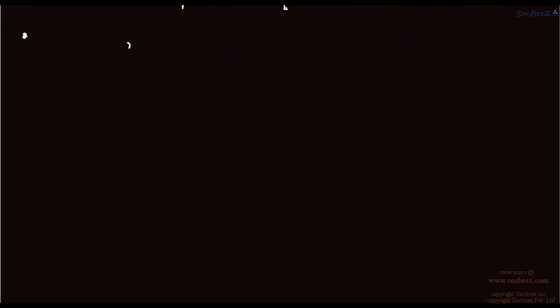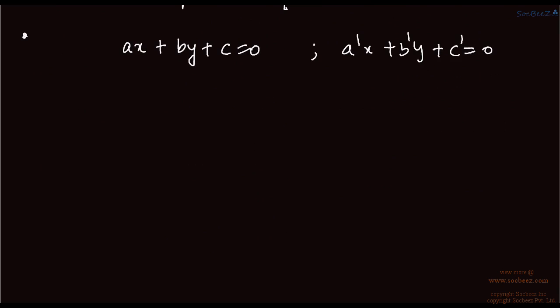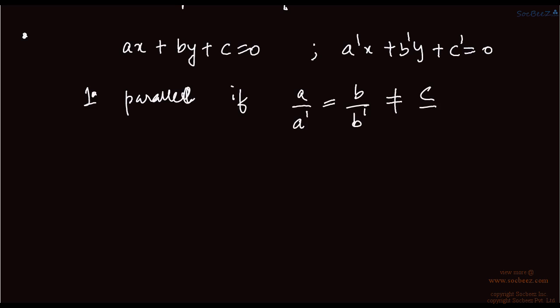The next one is 2 lines. Let's say we are given ax plus by plus c is equal to 0. If we are given 2 lines, ax plus by plus c is equal to 0 and a dash x plus b dash y plus c dash is equal to 0, then these 2 lines will be parallel if they satisfy this condition: a upon a dash is equal to b upon b dash is not equal to c upon c dash. Fine.